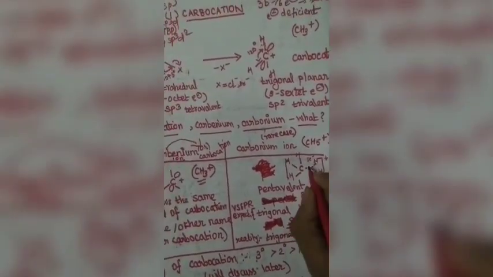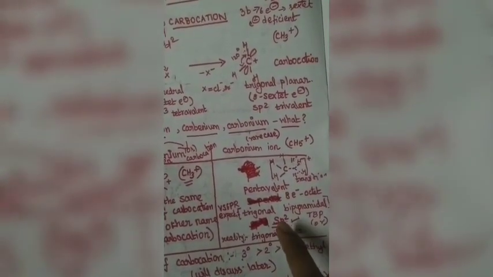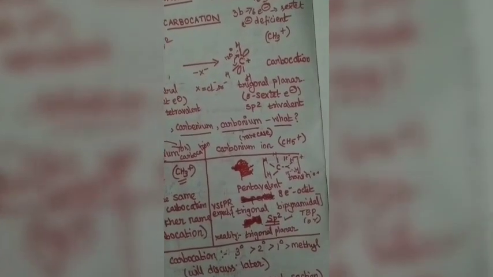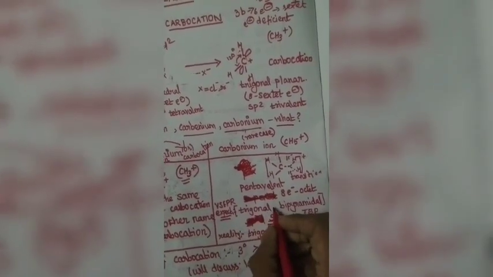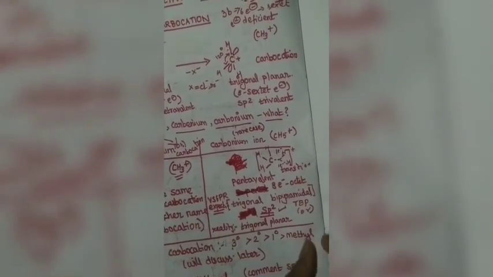These two hydrogens are unstable and imaginary, so don't consider them. We need only the 3 hydrogens with carbon. So 3 bonds correspond to trigonal planar, with sp2 hybridization. The expectation is trigonal bipyramidal, no problem about shape or geometry, but take care that the hybridization must be sp2.